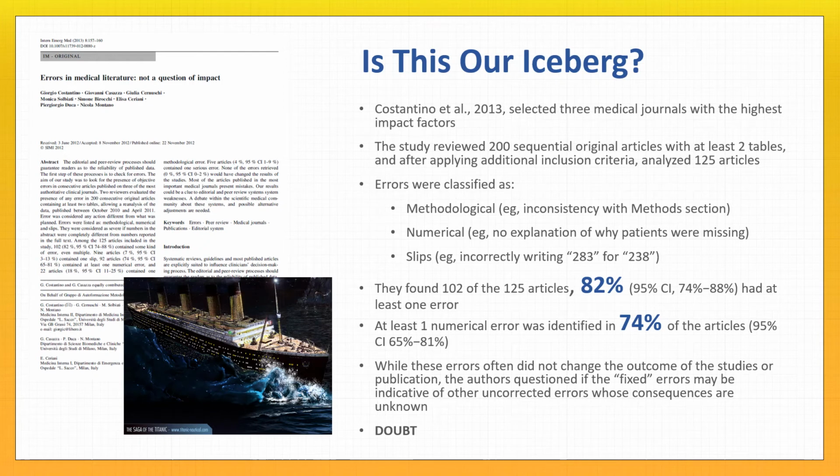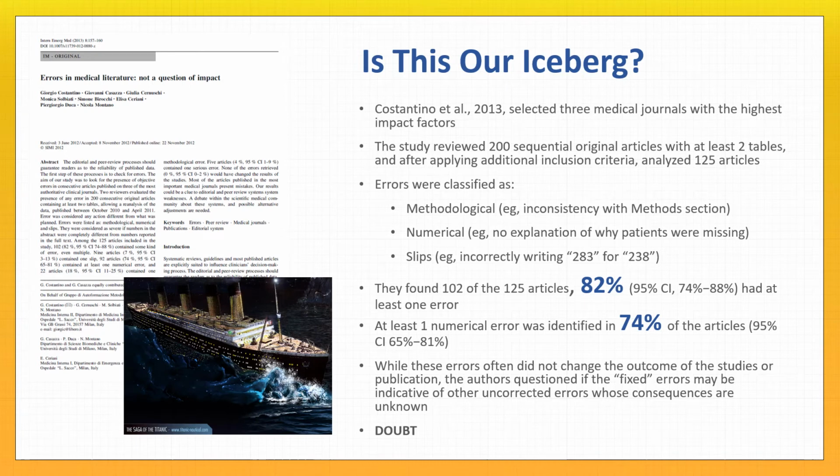But are we really looking at the true perspective, or are we just looking at what's sticking up above the surface of the water? Our next study looks at a work from Costantino et al. in 2013. This group studied 200 sequential original articles with at least 2 tables, and they applied some additional inclusion criteria to eventually look at around about 125 articles.